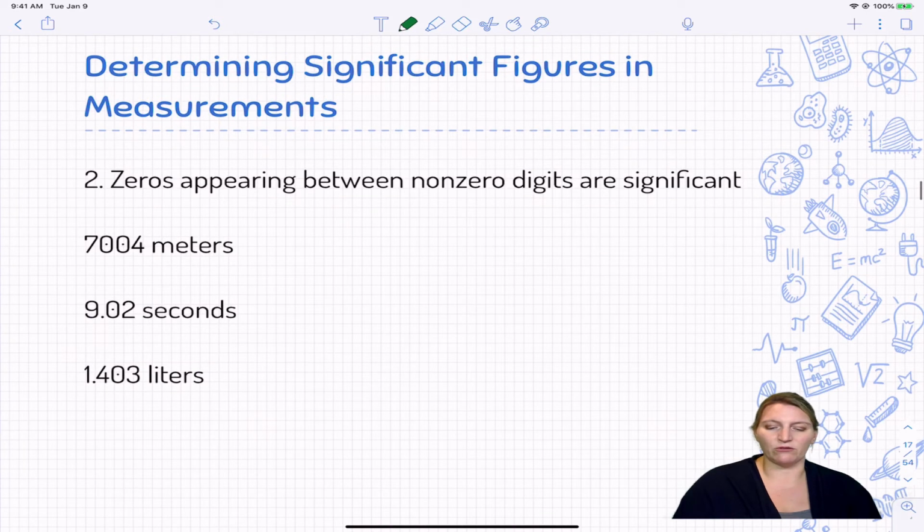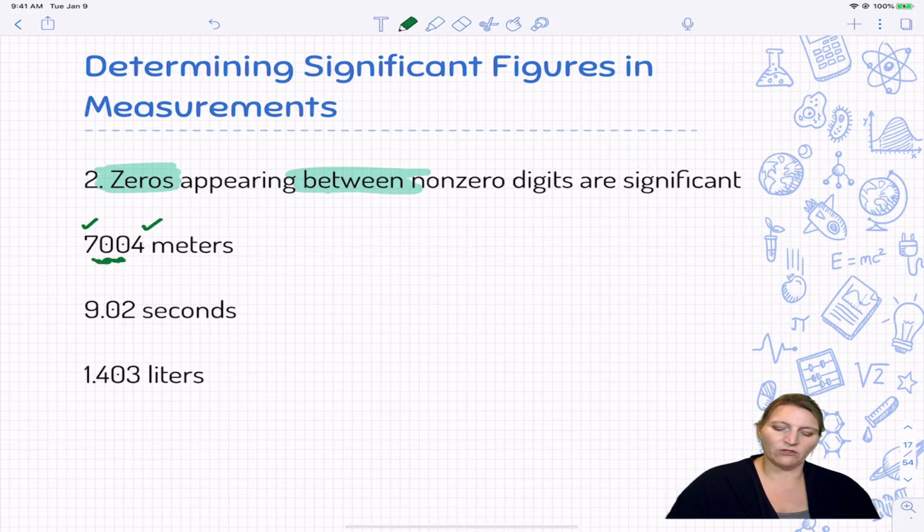Now, zeros are where it gets tricky. Every digit is either 1 through 9 or 0, and zeros are the tricky ones. When they are between non-zero digits, they are significant, sandwiched, or in the middle. There are many ways to talk about this. But if you see, okay, of course, 7 and 4 are significant.